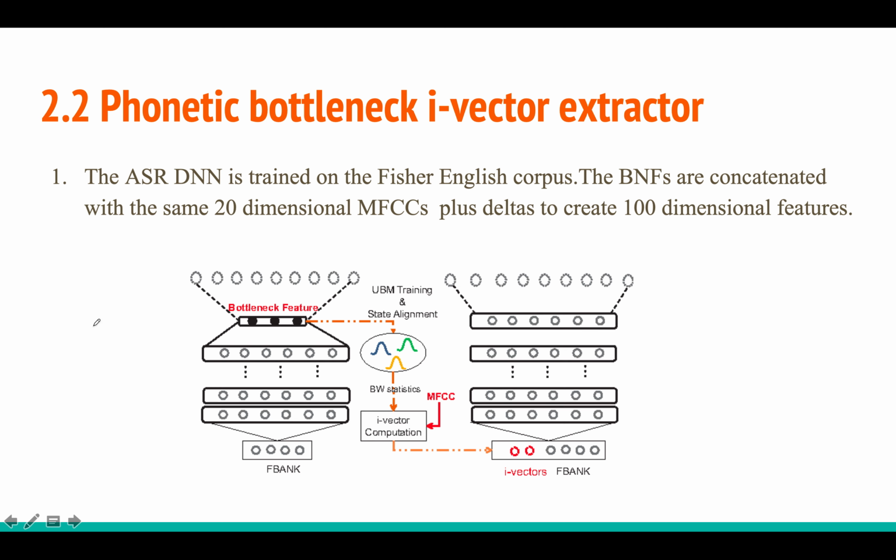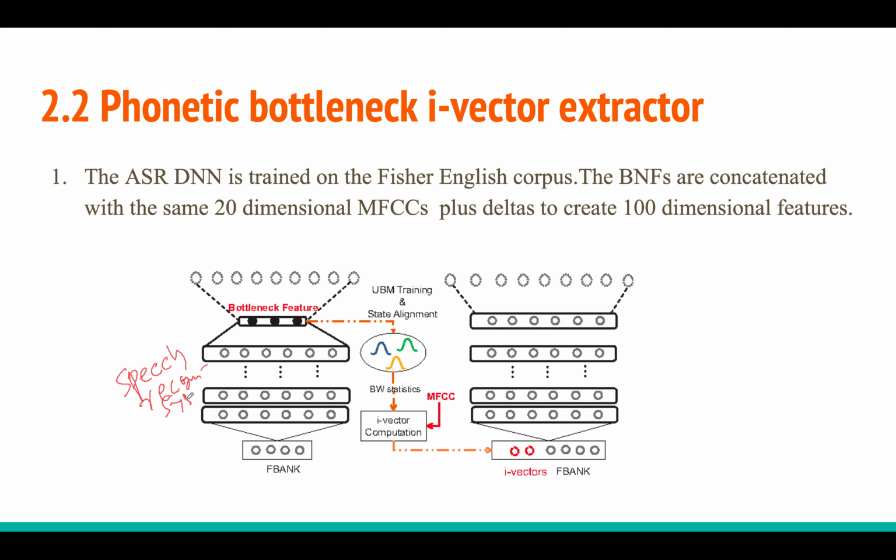Coming to the phonetic bottleneck iVector, this is similar to the acoustic iVector itself, but instead of feeding only MFCC, you can also feed frame level bottleneck features. For example, let's say you have a speech recognition system. Assume this is a speech recognition system.